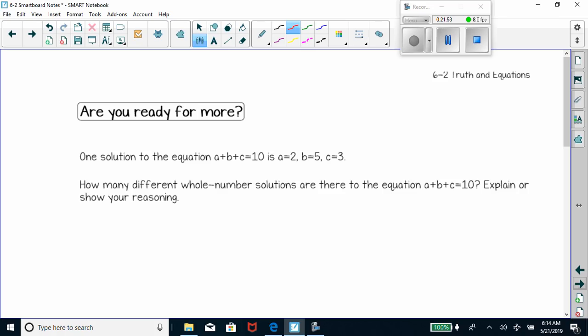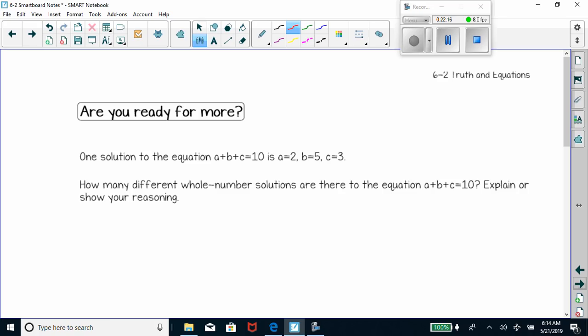One solution to the equation A plus B plus C equals 10 is A equals 2, B equals 5, and C equals 3, which makes sense. Those three numbers total 10. How many different whole number solutions are there to the equation A plus B plus C equals 10? Explain or show your reasoning.